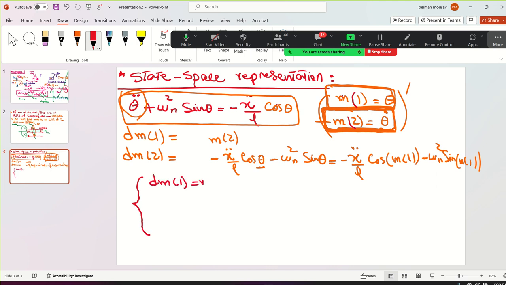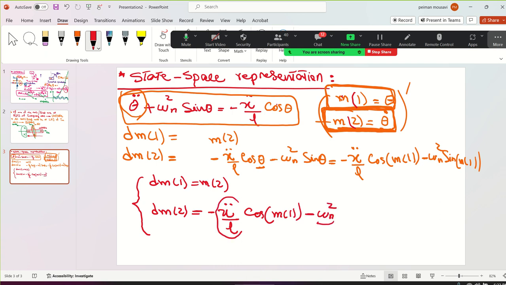So your state space equations in MATLAB are going to be like that. dm1 is equal to m2, and dm2, this is how we write it in MATLAB, is minus x double dot, exactly as I'm going to type in MATLAB, cosine m1 minus omega n squared, which we're going to define in MATLAB, just bear with me, sine m1.